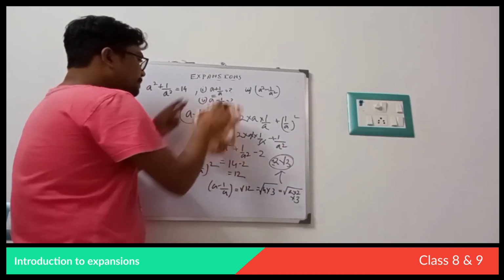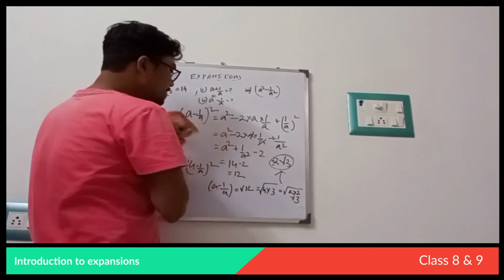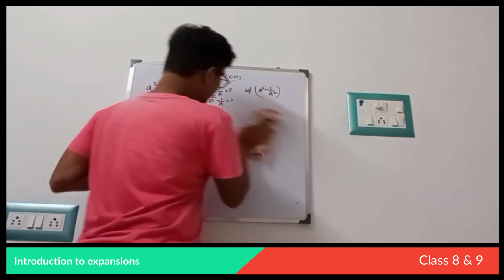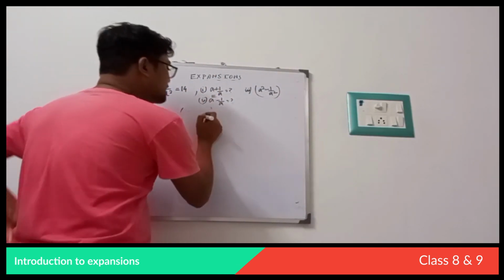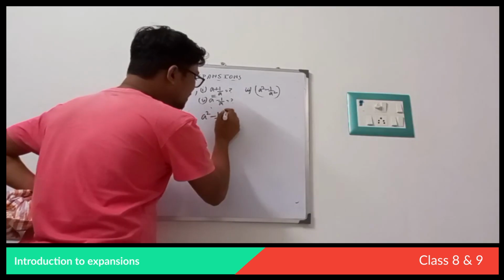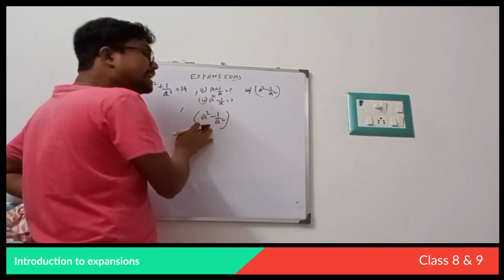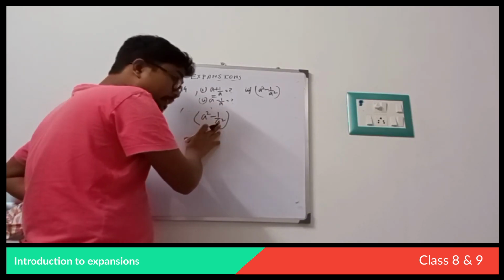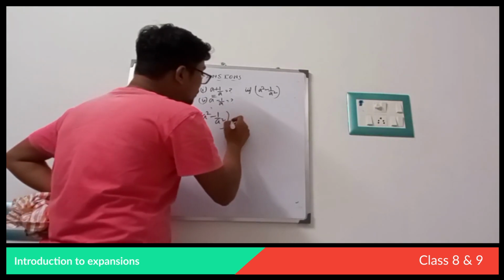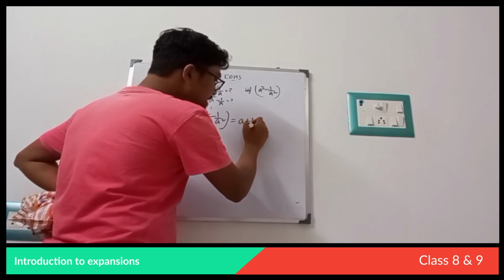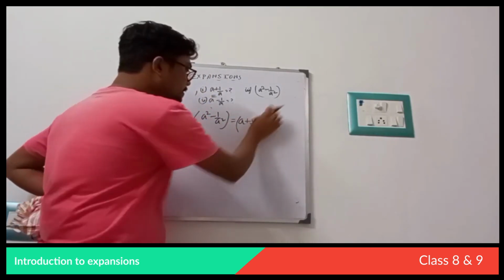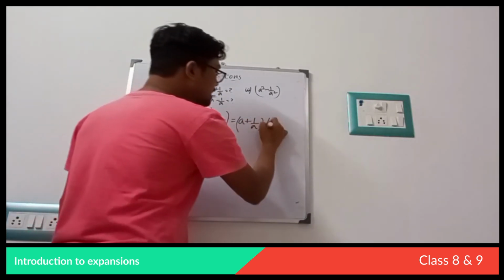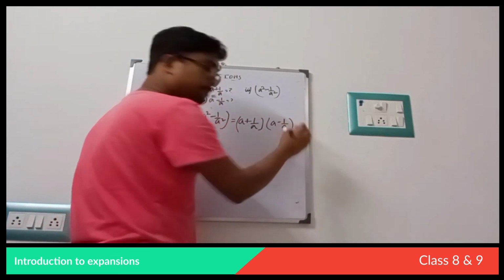So we have a plus 1 by a and a minus 1 by a. Then I have to find a square minus 1 by a square. This actually looks like a square minus b square, where in terms of a this is a and in terms of b this is 1 by a. So the formula is a plus b into a minus b, that means a plus 1 by a into a minus 1 by a.